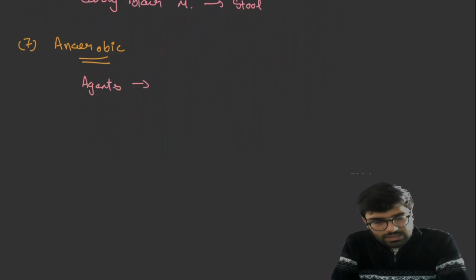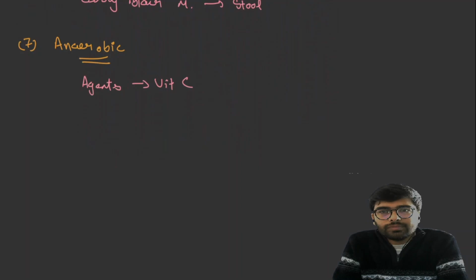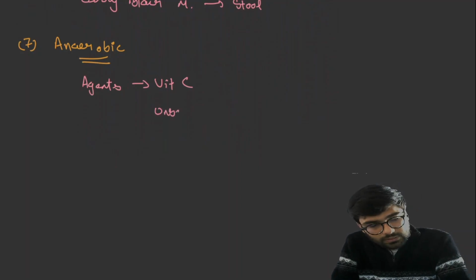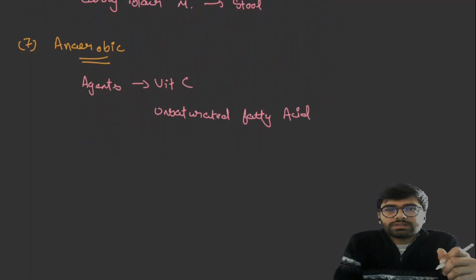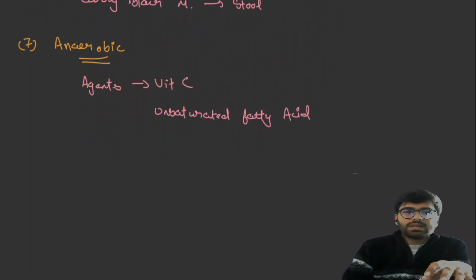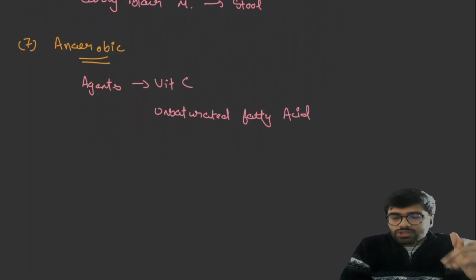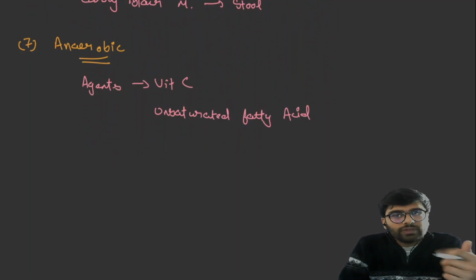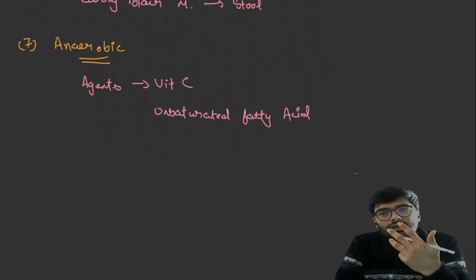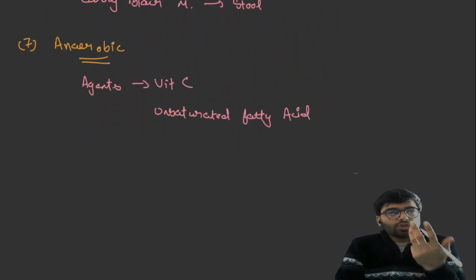So these are the agents, for example, we have vitamin C. Then we have unsaturated fatty acid. Okay, so these are the agents that cause anaerobic conditions. We also need to know the examples of anaerobic microorganisms. These are also asked as a short question.